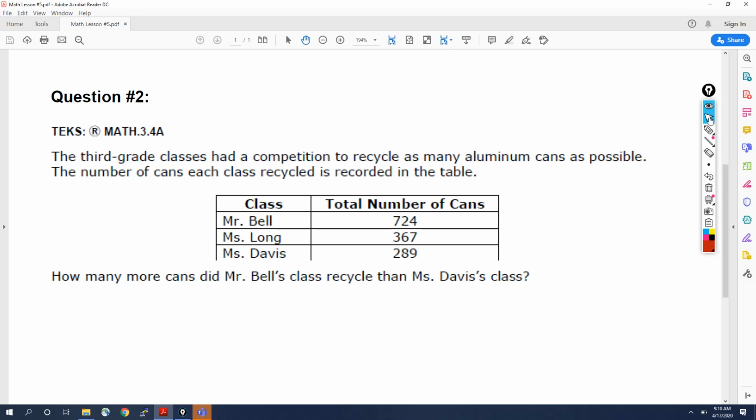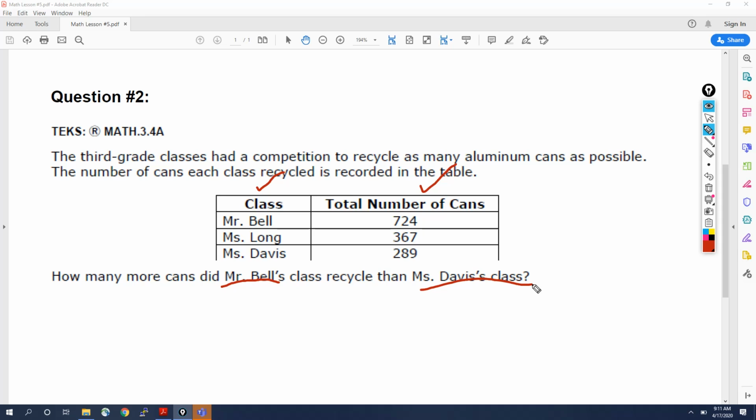The number of cans each day recycled is recorded in the table. When you see the table, you have classes on this side, and then the total number of cans collected per class. How many more cans did Mr. Bell's class recycle than Miss David's class?